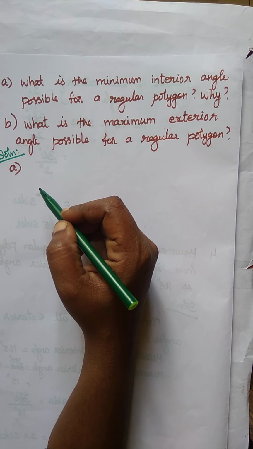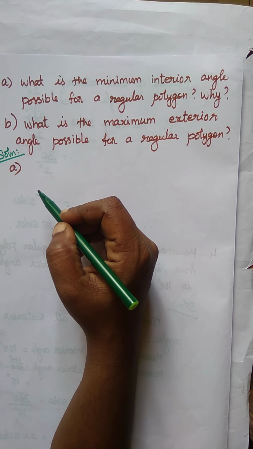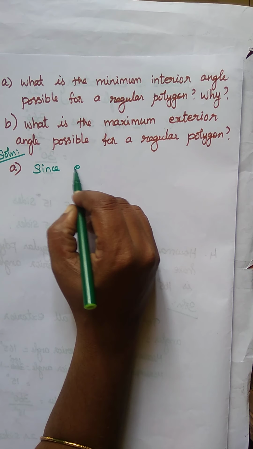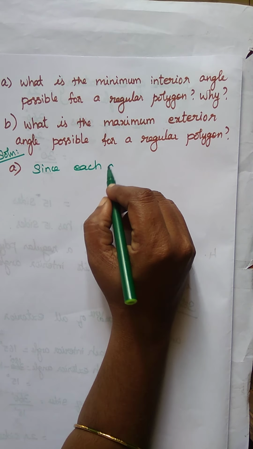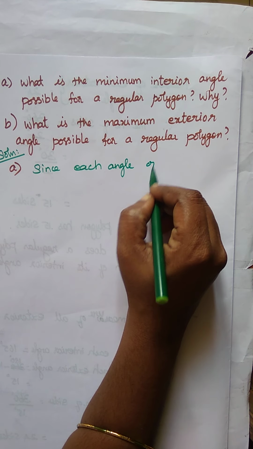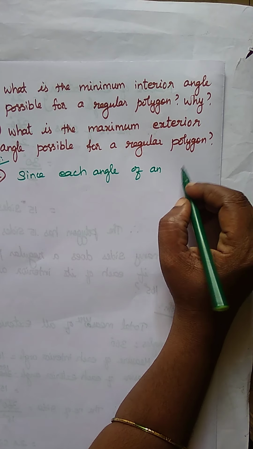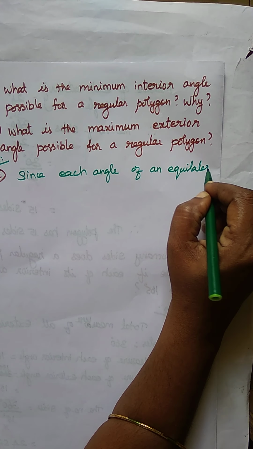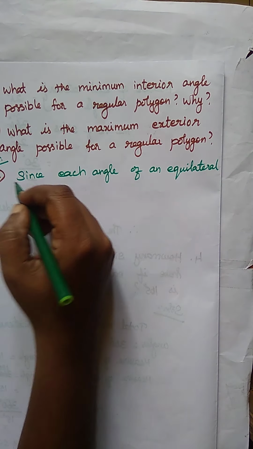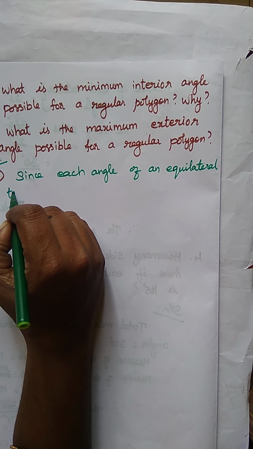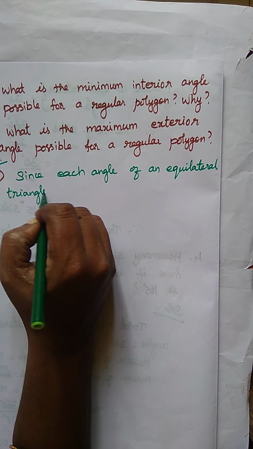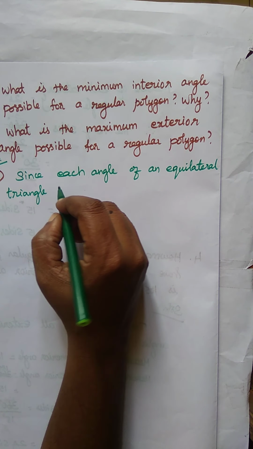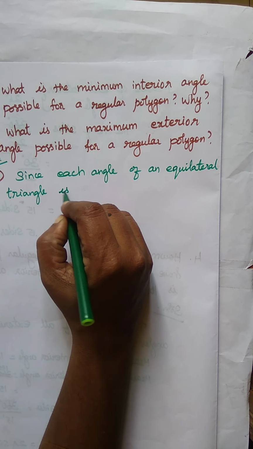An equilateral triangle has all sides equal and all angles equal. So each angle of an equilateral triangle, what is it? Each angle is what? 60 degree. Very good. 60 plus 60 plus 60, that is 180 degree in total. So each angle is 60 degree.